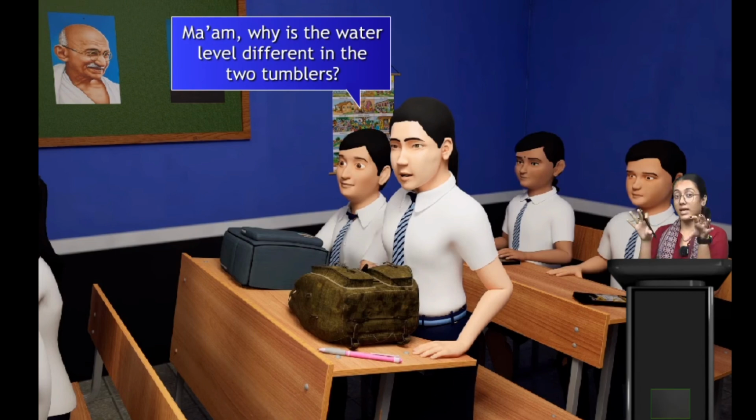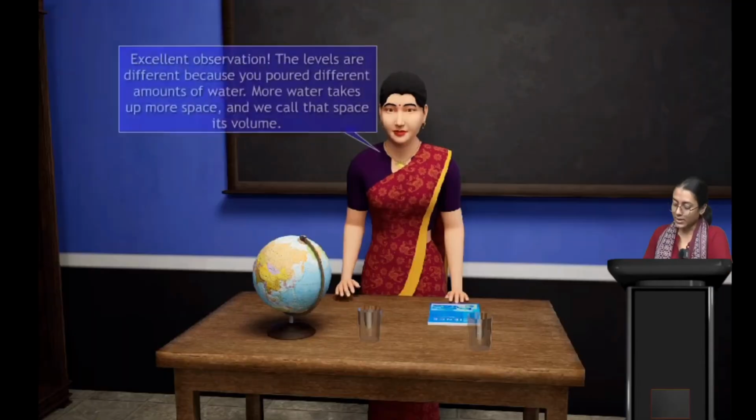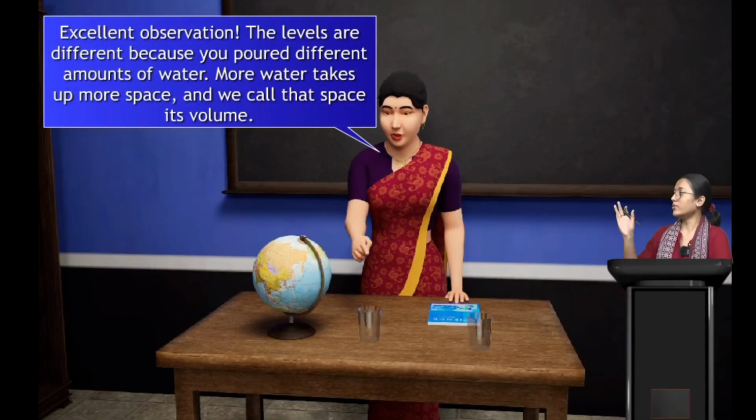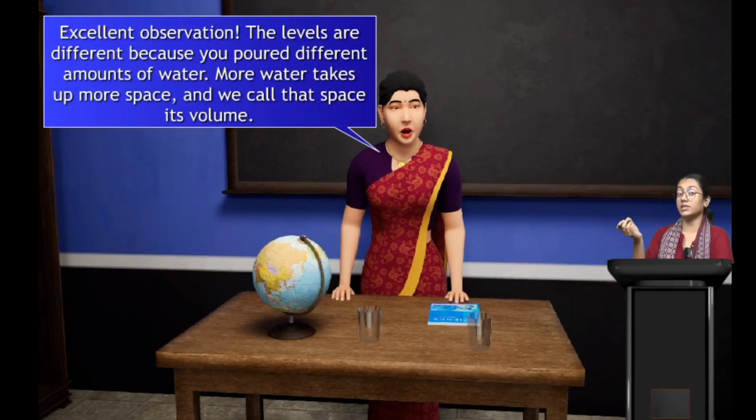First glass, second glass, both of them had two different levels of water. Why is it happening? Now the teacher is giving us the answer. Excellent observation. The levels are different because you poured different amounts of water.